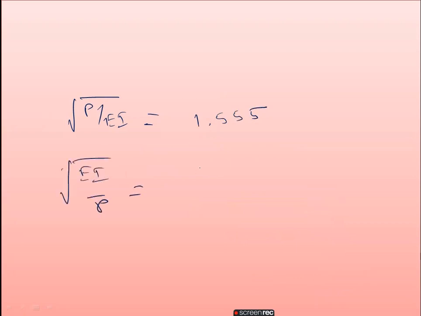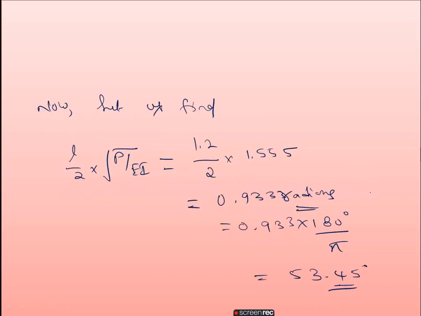We calculated square root of P by EI just now, the value is 1.355. But what about square root of EI by P? That is nothing but 1 by 1.355, which gives 0.643. Now we just calculated L by 2 into square root of P by EI.